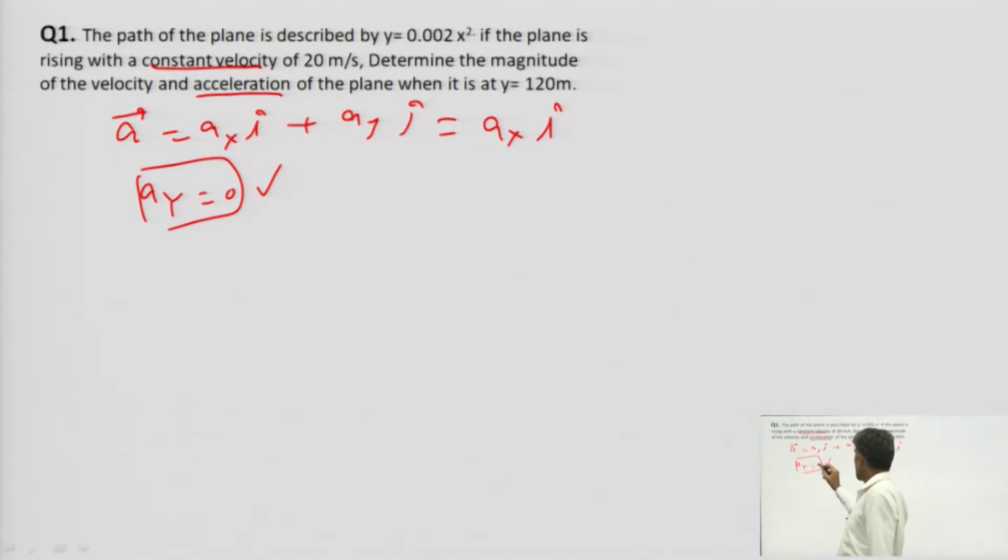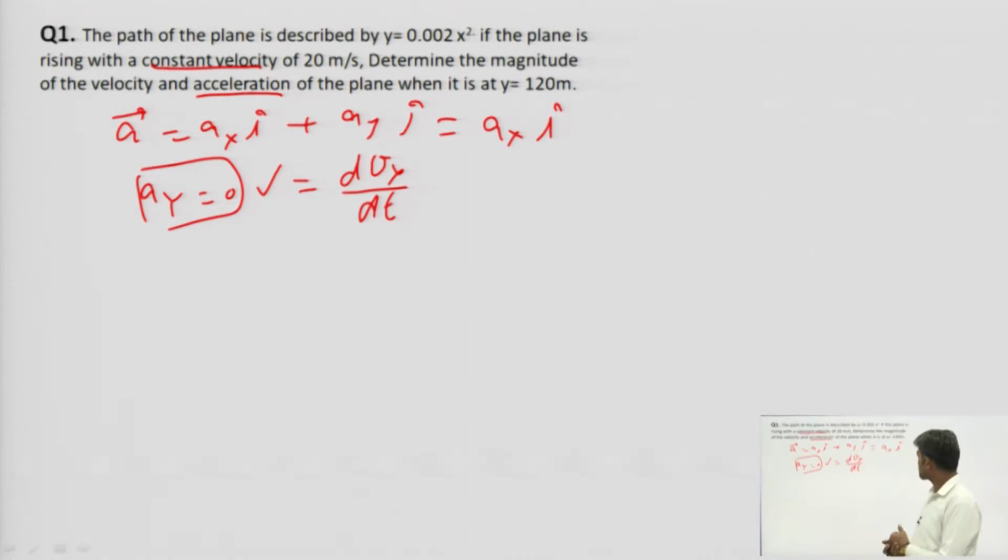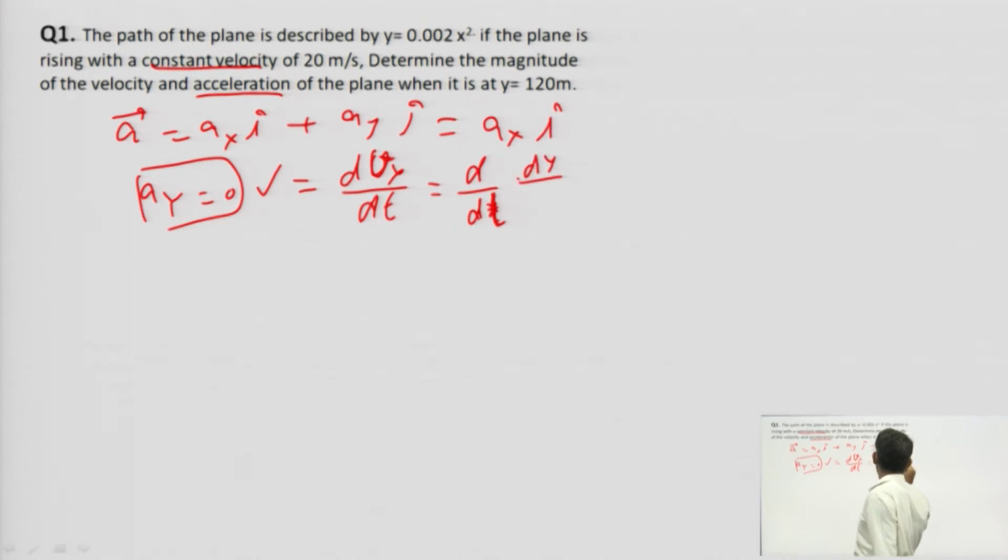So ay equal to 0 is equal to what, dVy by dt. And what is the value of dy by dt? dy by dt, it is d by dt of... should I write dy by dt?